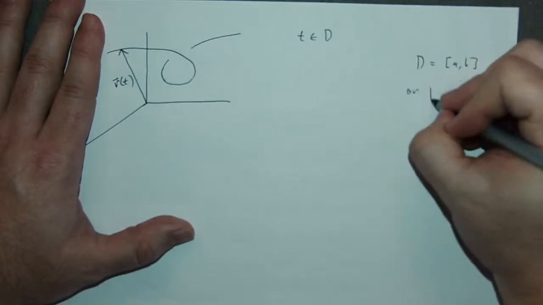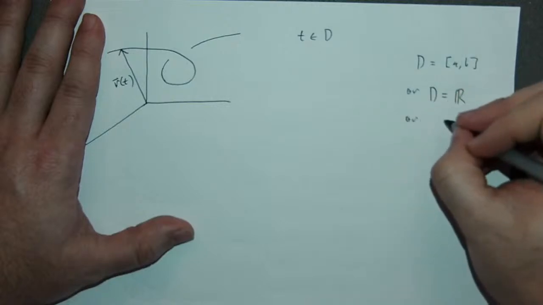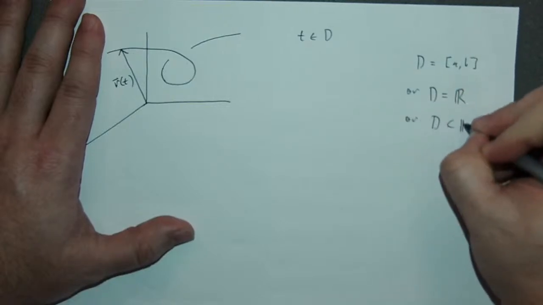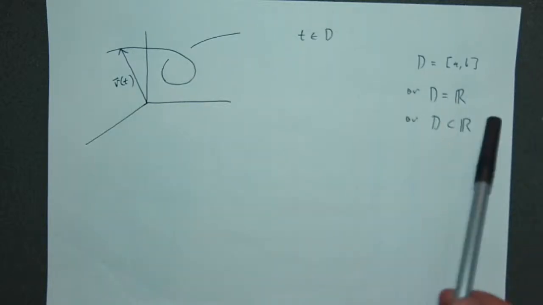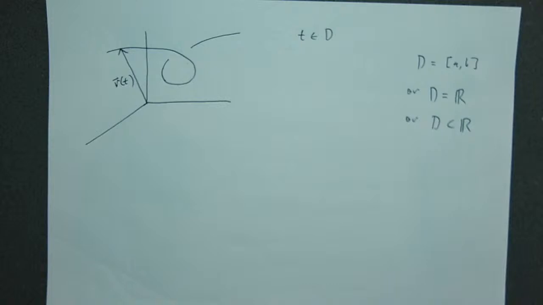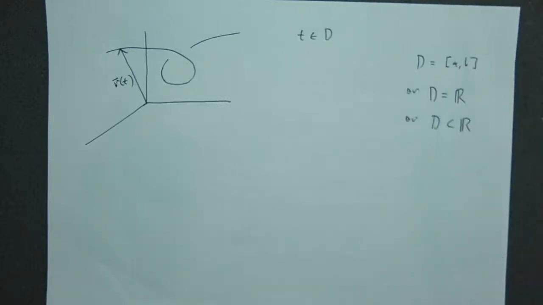Or D could be all of R, or some more complicated subset of R that I'm not going to write out more examples of. But frequently, this is what you see. If you have some infinite curve, D might be all of R. If you have a curve that actually has endpoints, then D is typically some closed interval.